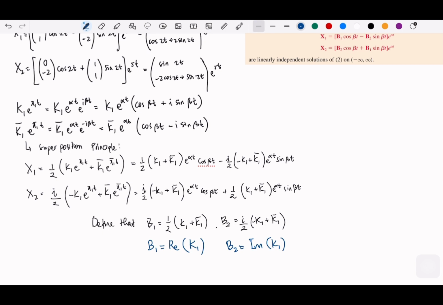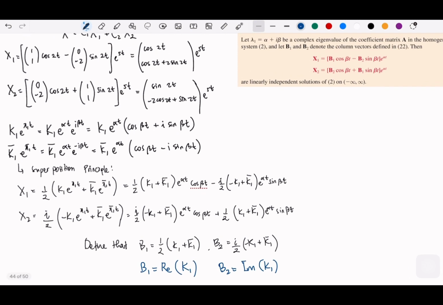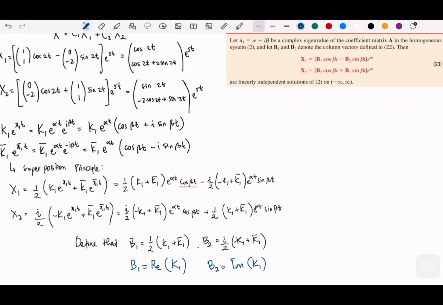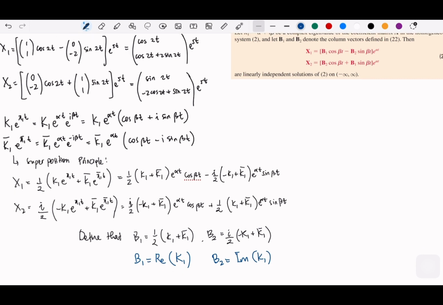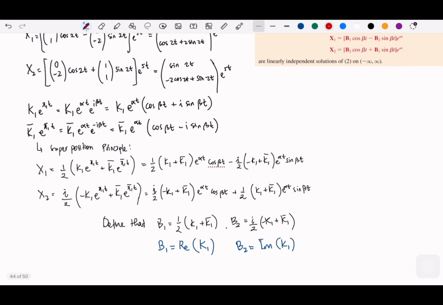This is just as symbols, which means that B1 is going to be the real part, and B2 will be the imaginary part of the eigenvector K1.